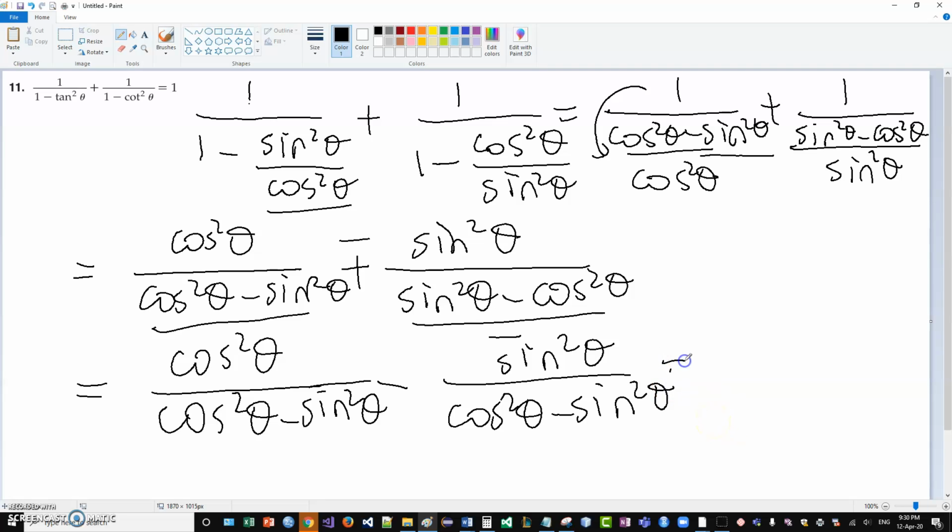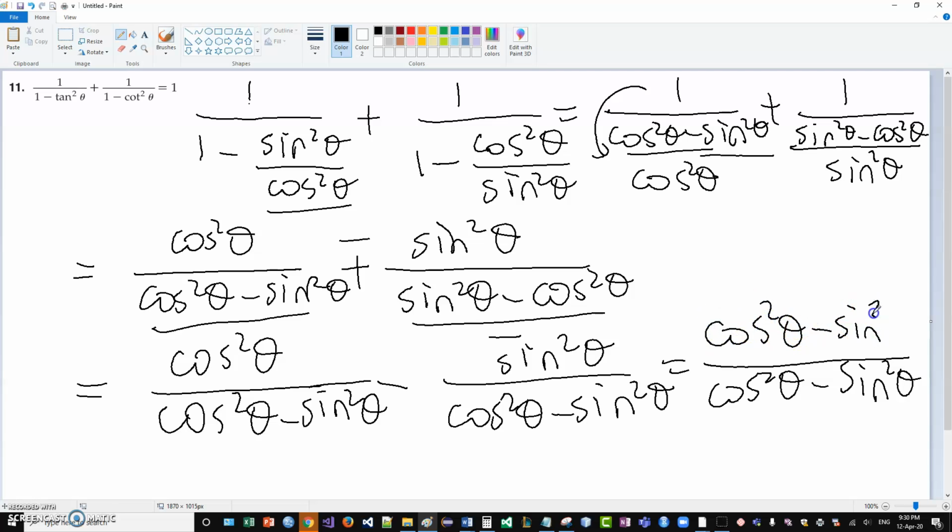We have a common denominator here, cosine squared theta minus sine squared theta. Now both the denominator and numerator are the same, so the answer is 1, which is what we're supposed to get anyway. Please pause and go over this one more time.